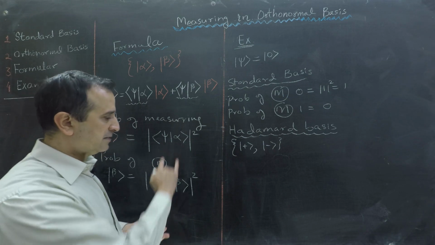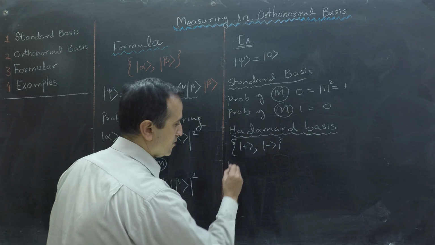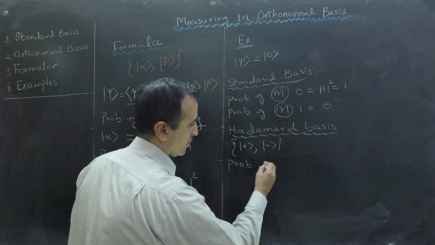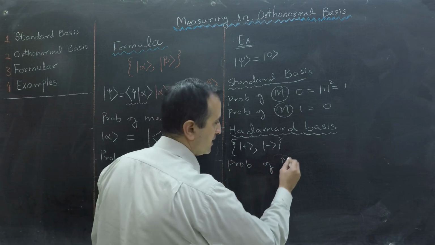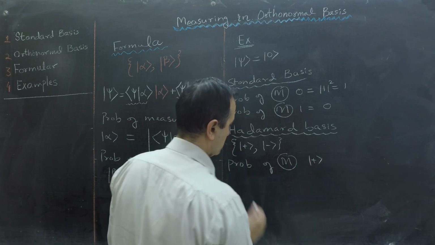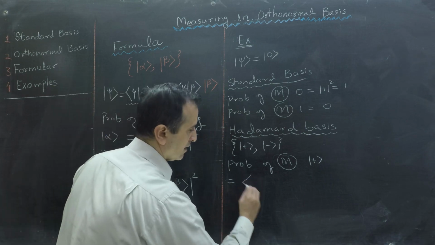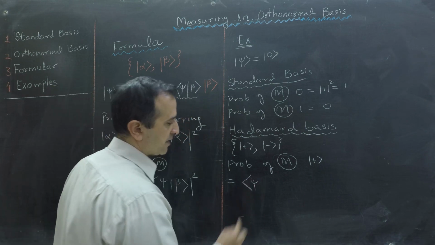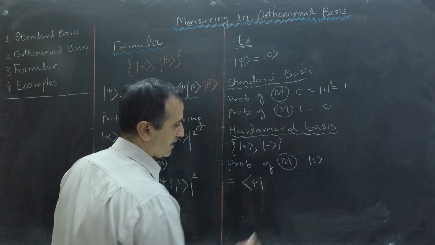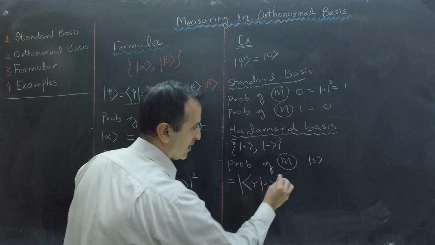So let's directly find probabilities using these formulas. So the probability of measuring ket plus is equal to the dot product of ket psi with ket plus, and the square of that.